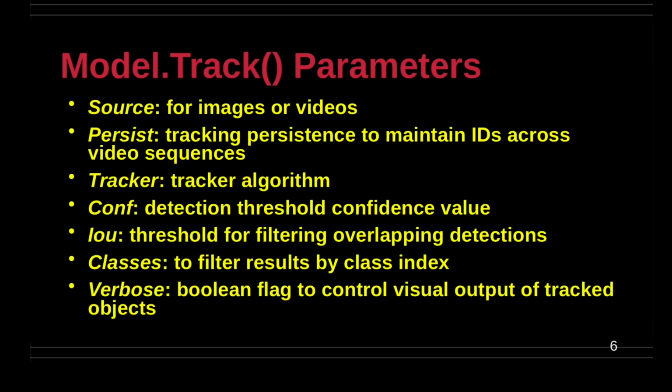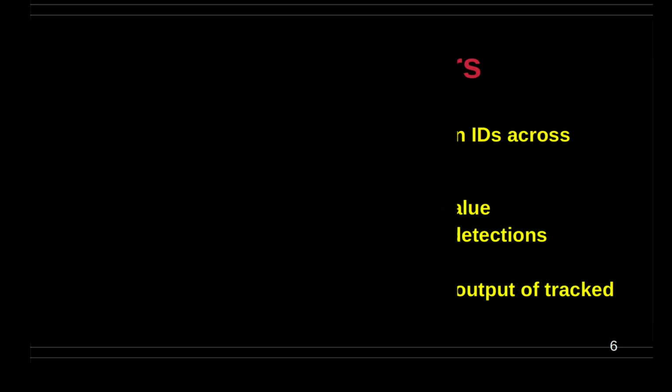Focusing on specific objects, use the classes parameter to track only objects of interest. Of course, a lot depends on the chosen model too. Visualizing tracking results: enable these to review the tracking performance. You will inevitably have to refine your parameters iteratively and select an appropriate model to use the results productively.